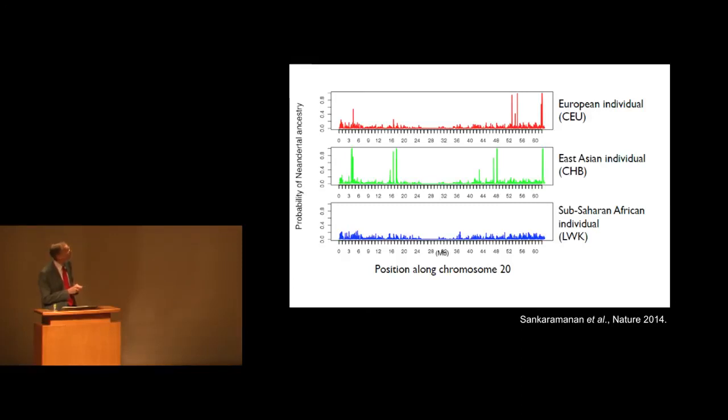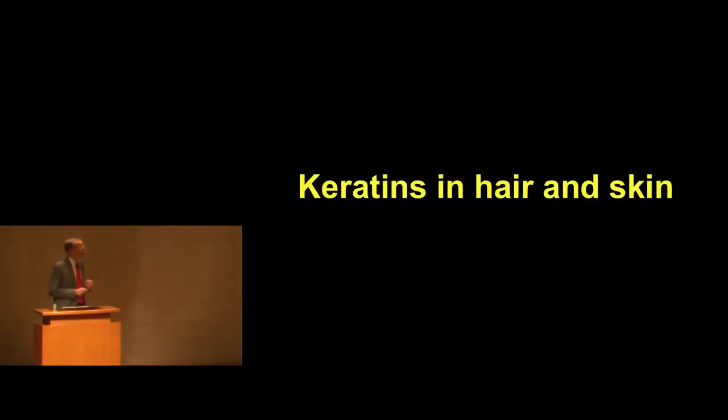Sometimes this is shared with Europeans, sometimes it's unique to Asians or Europeans. And you can ask, statistically speaking, what genes are particularly located in such parts of the genome. And the only type of genes you find there statistically significantly are keratins, so structural proteins in skin and hair.